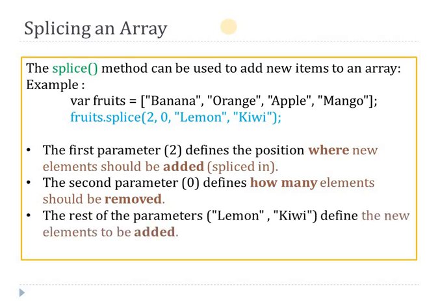After that, the rest of the parameters, that is lemon and kiwi, define the new elements to be added. So the first argument is where these elements are to be added, the second parameter is how many elements to be removed from that particular position, and the rest of the parameters define the new elements that need to be added.